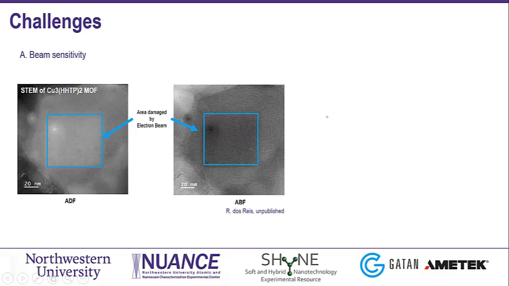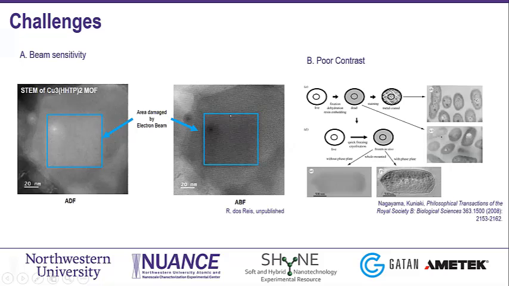So it becomes a challenge, and the first of them, as I mentioned, was beam sensitivity, and the second one is the poor contrast, right? Because most of the soft materials are made of carbon, oxygen, hydrogen, and very low Z elements here.